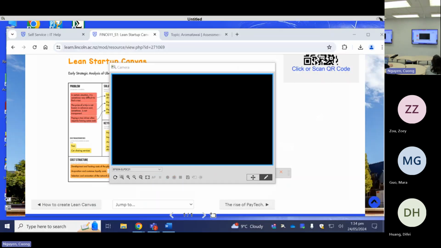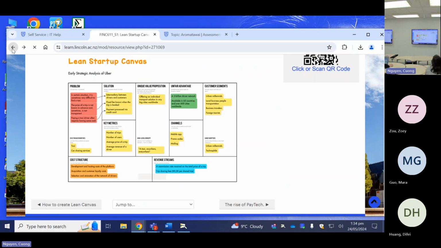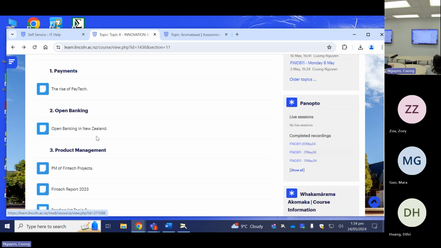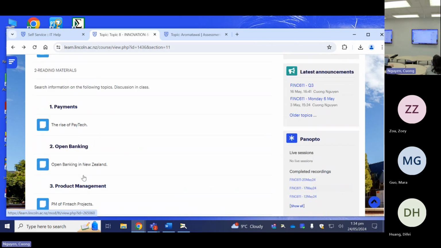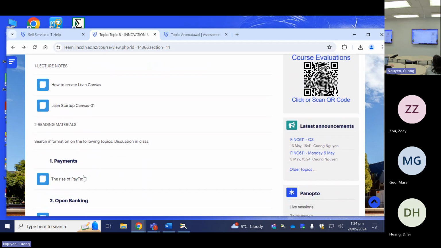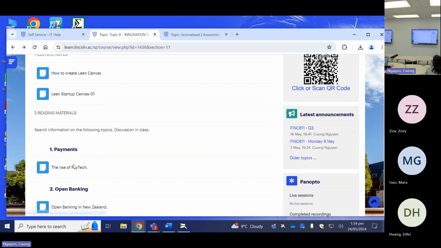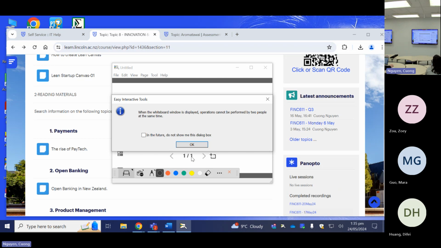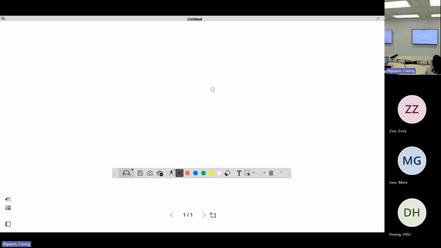Once again, remember that you are provided with the reading materials here: payment, open banking, and product management. In order to prepare for your future job, these three things are very, very important if you want to work in the fintech industry. But anyway, it's up to you. If you have time, you can do this. Otherwise, you can do it later.